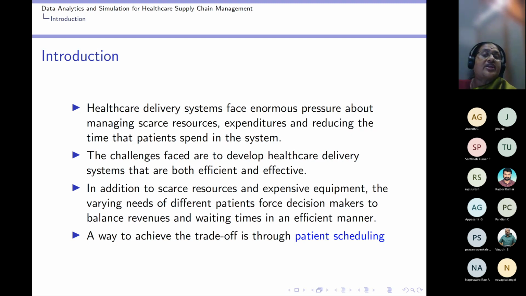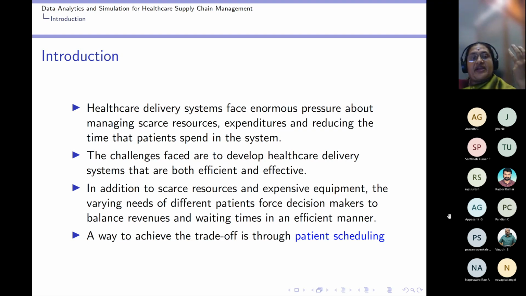Maximizing resource utilization is from the healthcare delivery system perspective. This trade-off, this matching of expectations of my customer, the patient, and the service provider, the healthcare delivery system, how best can I achieve it? And we are going to see how OR can help us with this problem.